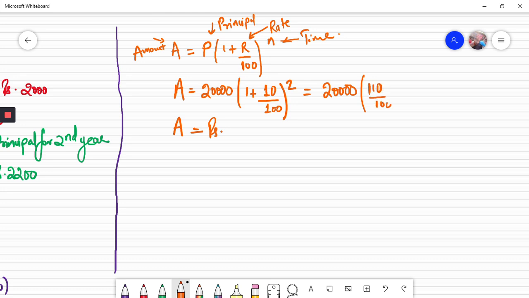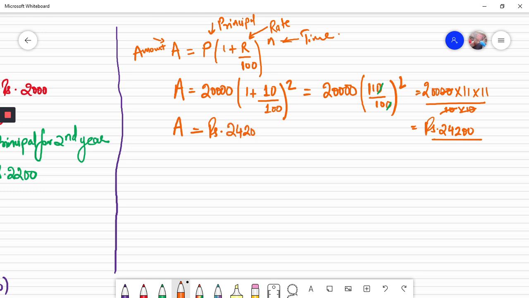You can also simplify the values, that is 11 by 10. So this will be further written as 20,000 into 11 into 11 whole upon 10 into 10. Take two zeros out. So 11 into 11, that is 121, into 200 is rupees 24,200. So I'm just mentioning the value 24,200 here again.